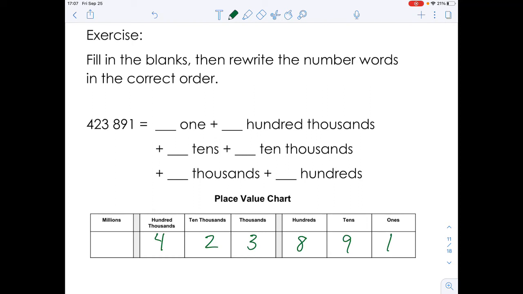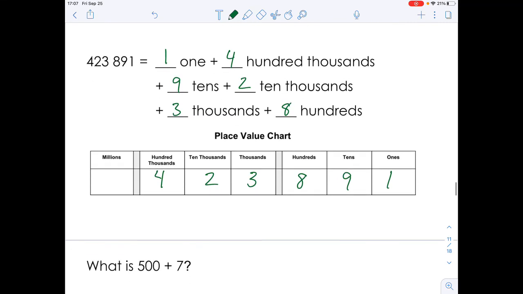And now answering these questions is quite simple with the help of the place value chart. We have 1 one. 100,000s, so we've got 4. How many tens? 9 tens. How many 10,000s? 2 of those. How many thousands? 3 of those. And how many hundreds? We've got 8 of those.